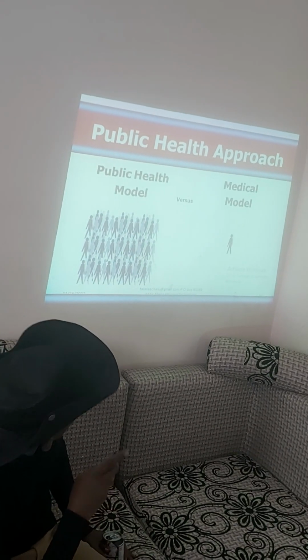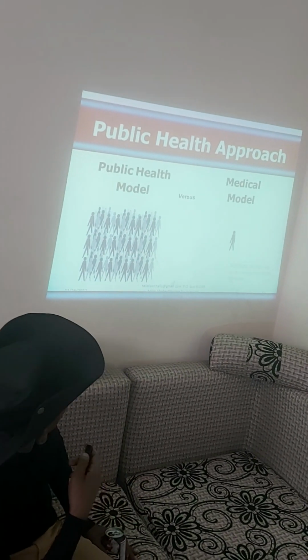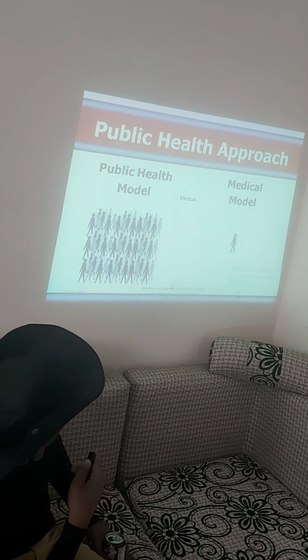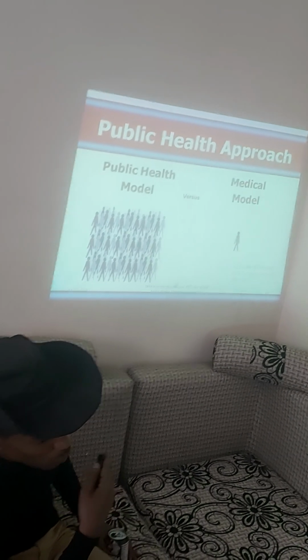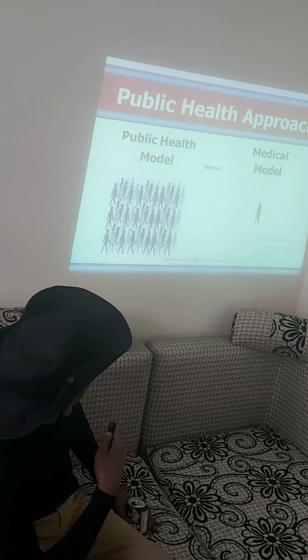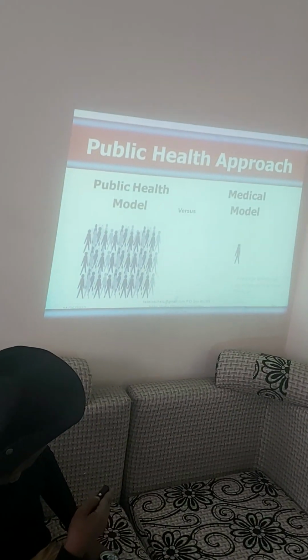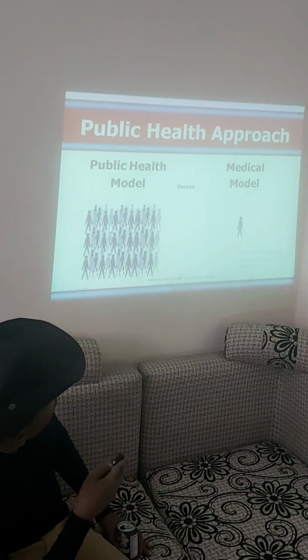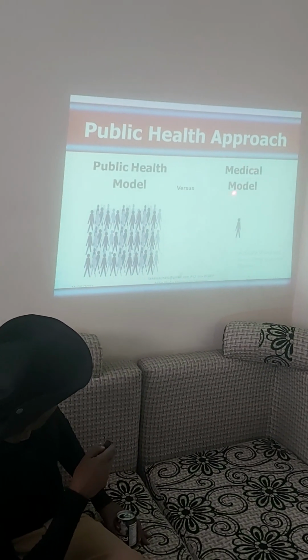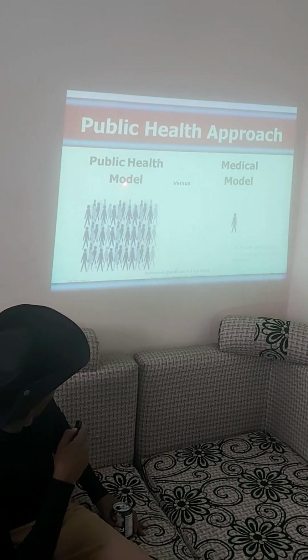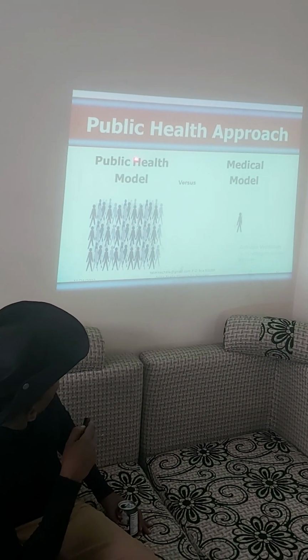For this reason, we can categorize the public health or epidemiological approach by the public health model or the medical model: in medical, the individual, clinical one, and in community, the public one, which means public or epidemiological.